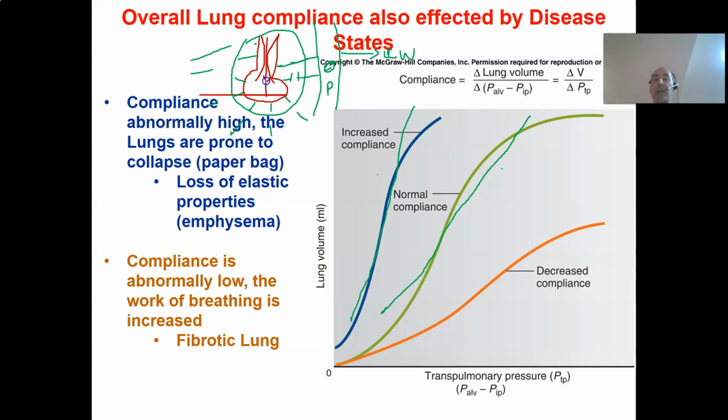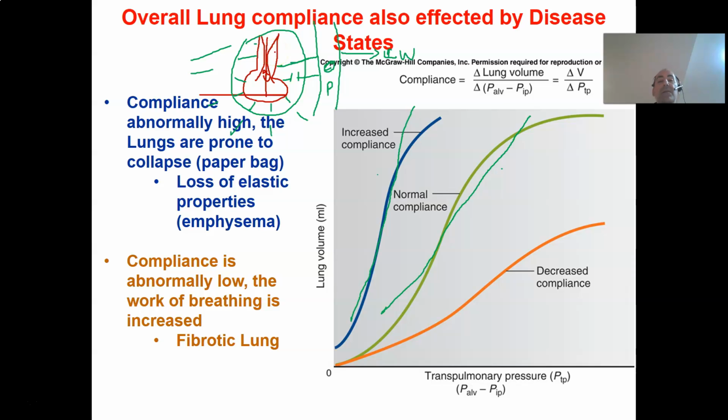So as you're trying to blow air out to get rid of CO2, you can't, because many of those airways, the alveolar ducts and the terminal bronchioles, or the bronchioles, are collapsing.